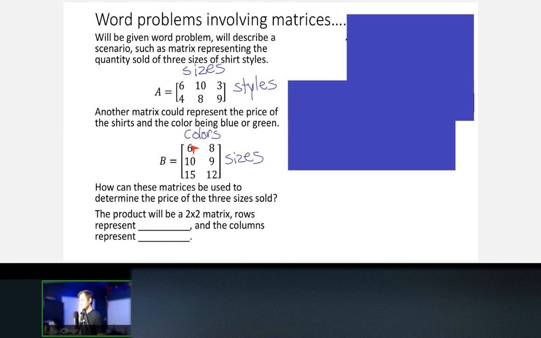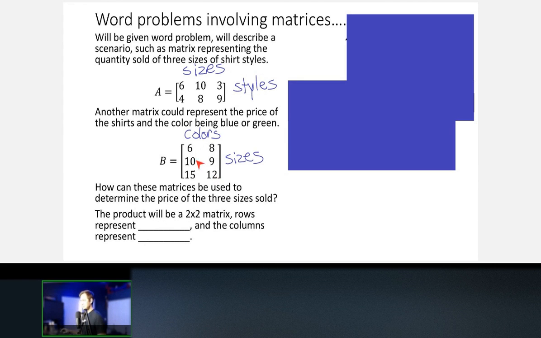So a small blue maybe costs $6. A small green may cost $8. A medium blue is $10. A medium green is $9. A large blue is $15 and a large green is $12, for example.